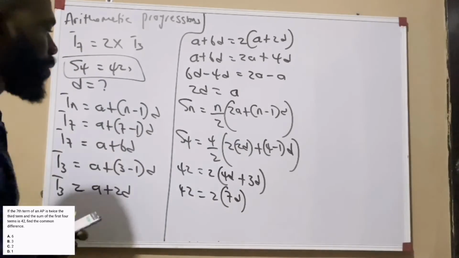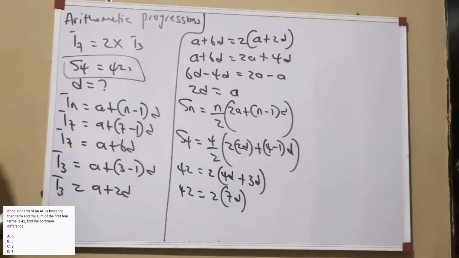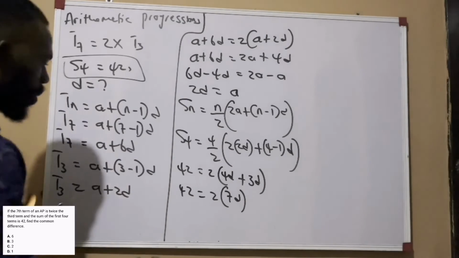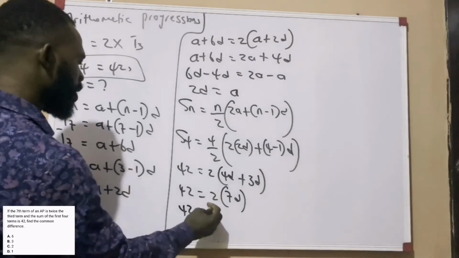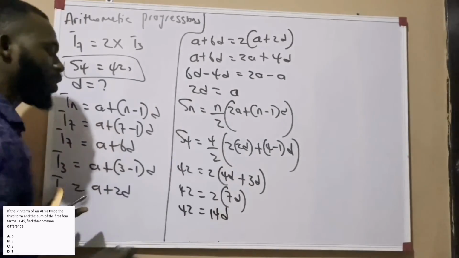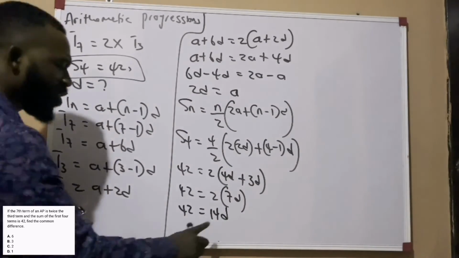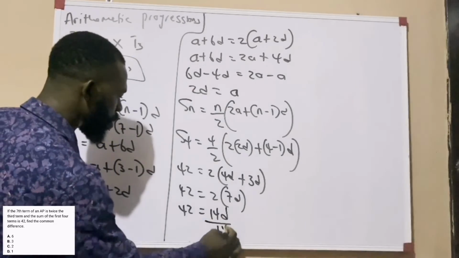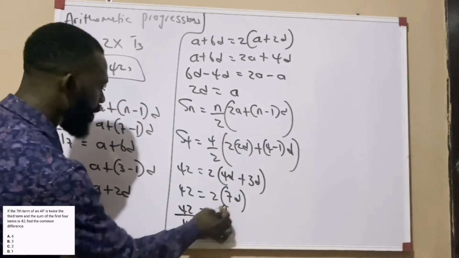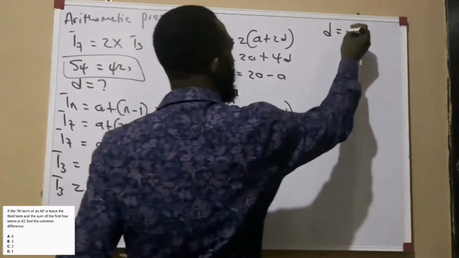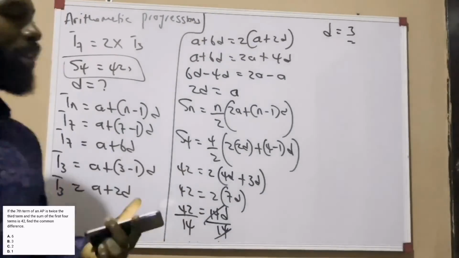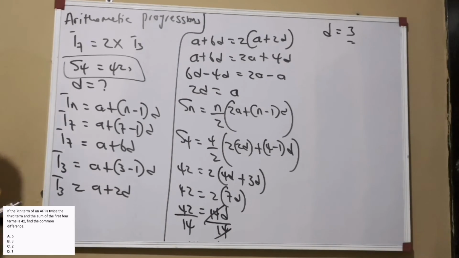And how did I get 7d? 4d plus 3d gives us 7d. Now let's open the brackets. We are going to have 42 is equal to 2 times 7d gives us 14d. So now for us to get d, we have to divide both sides by 14. And if we divide both sides by 14, our common difference is equal to 3. So the value for our common difference is 3.